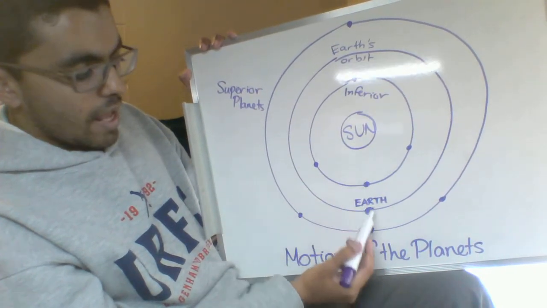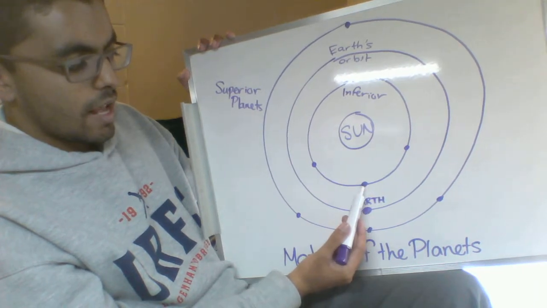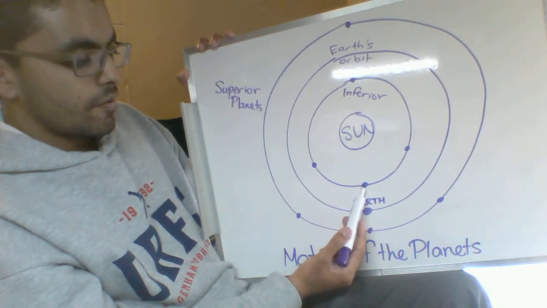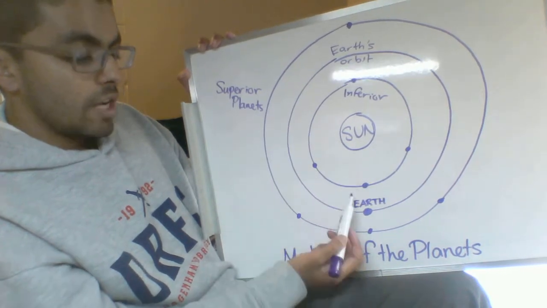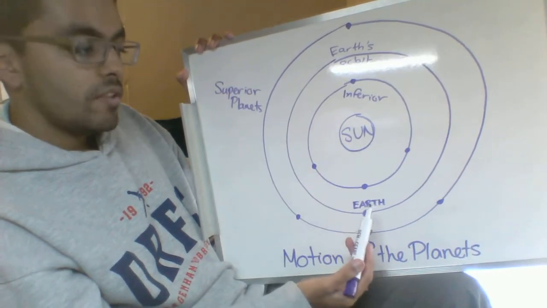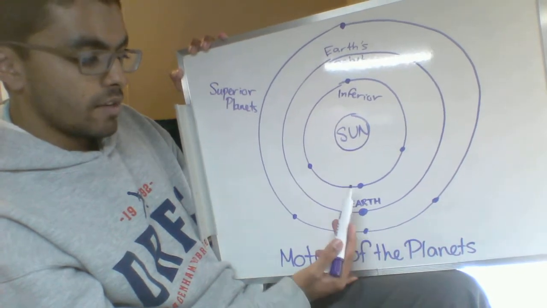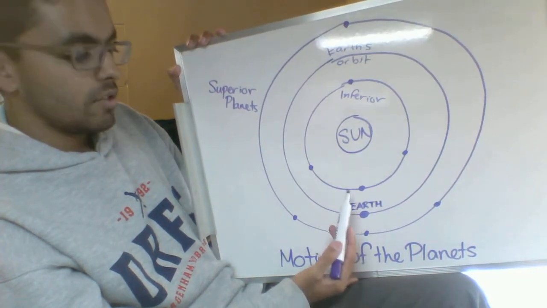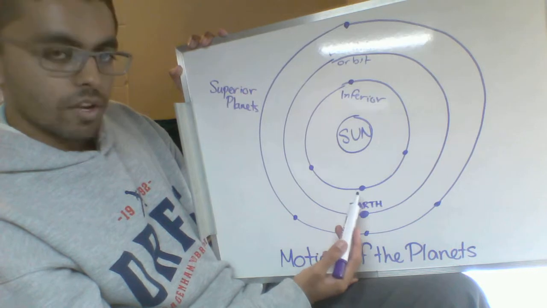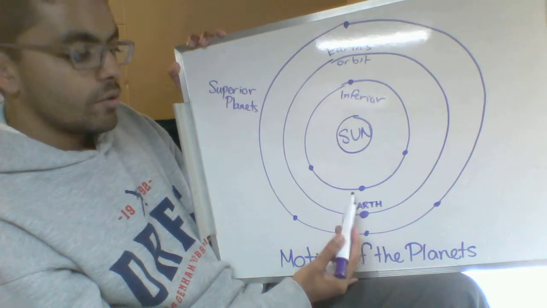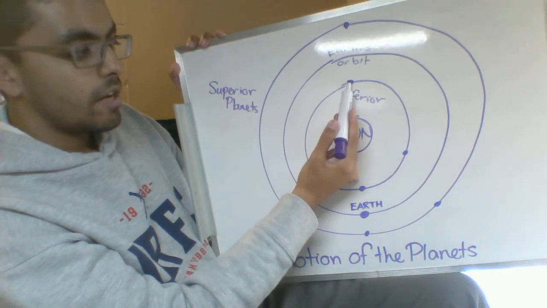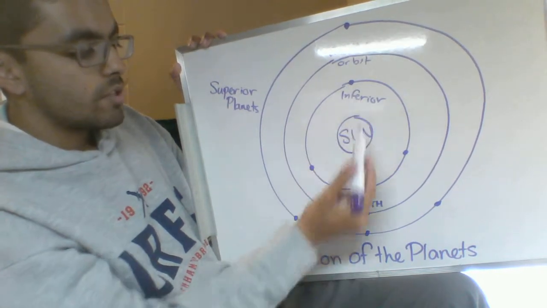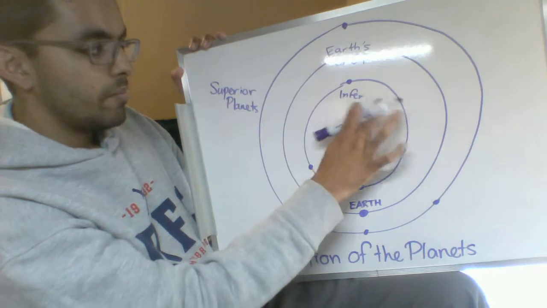If you're looking from Earth right here at, let's say, Venus, and it's sitting right in front of the sun, chances are, if the sun is up, you can't see Venus because the sun is too bright, and Venus isn't big enough to blot out the sun's light in any significant way that your eyes could detect. So you can't see Venus here. You also can't see Venus if it's all the way back here. And both of these positions have a name.